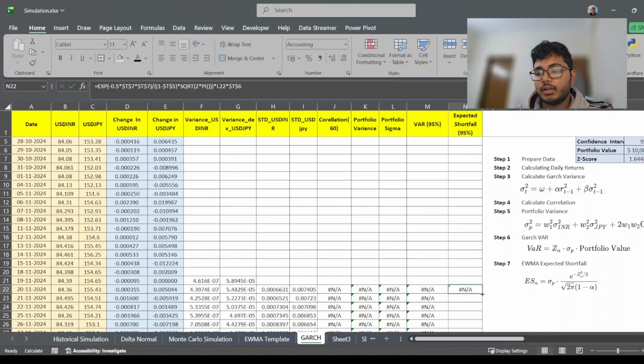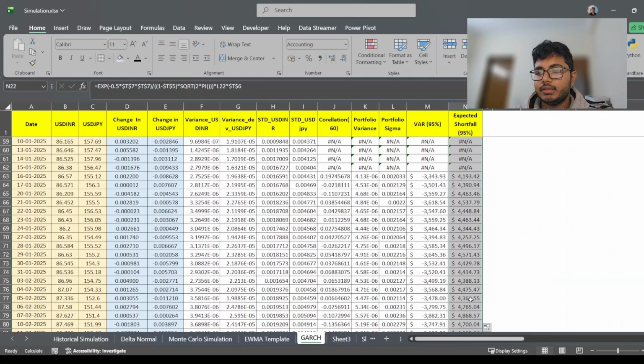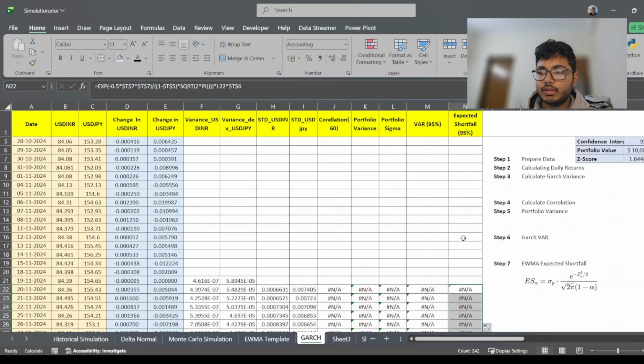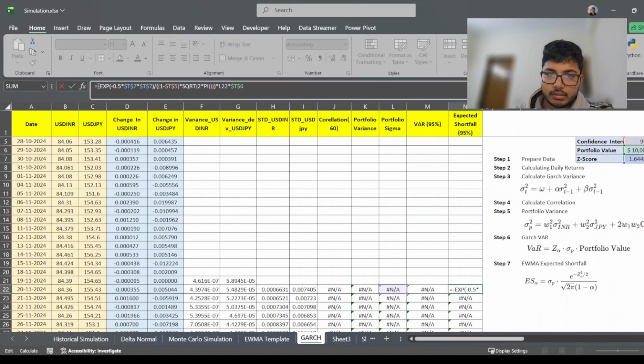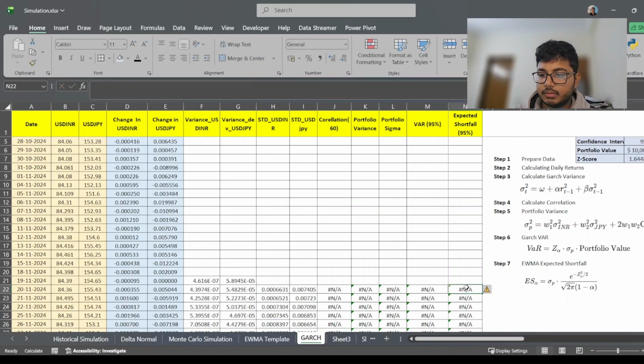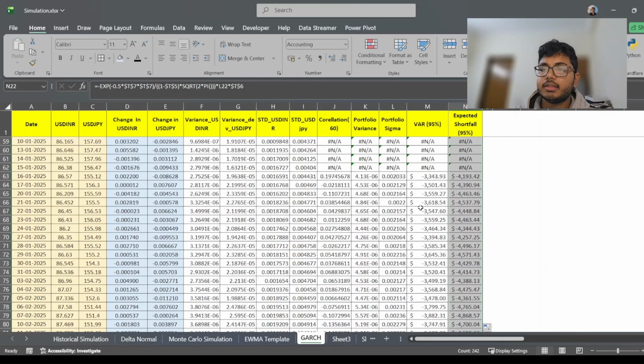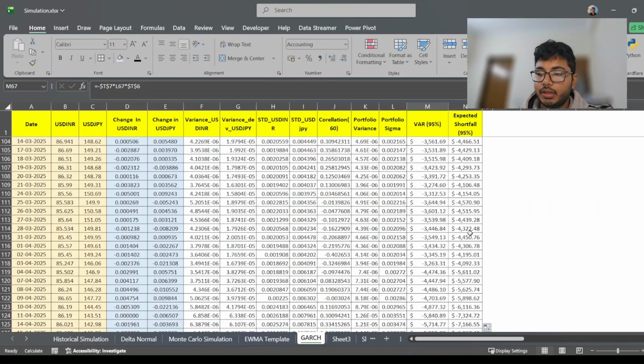We are going to get NA till day 60. After that, we are going to get the values. We should also put a minus here. So you can see here that expected shortfall is greater than the value at risk at 95% VAR.